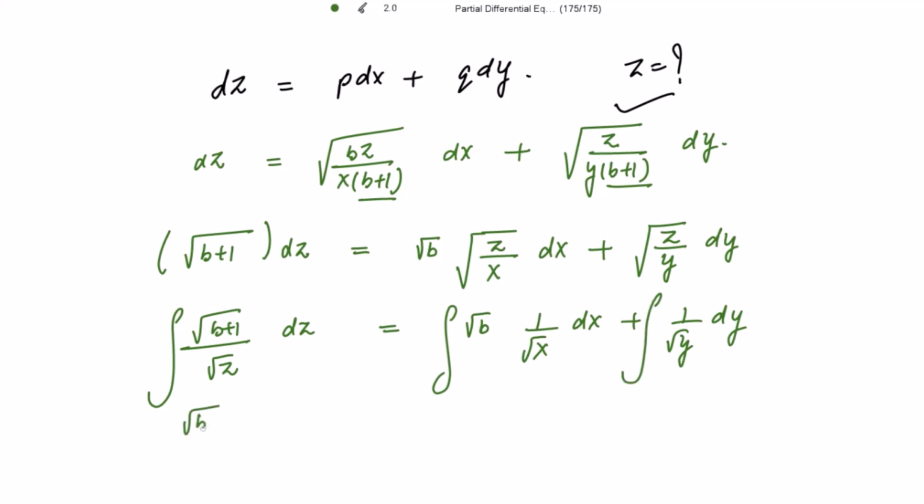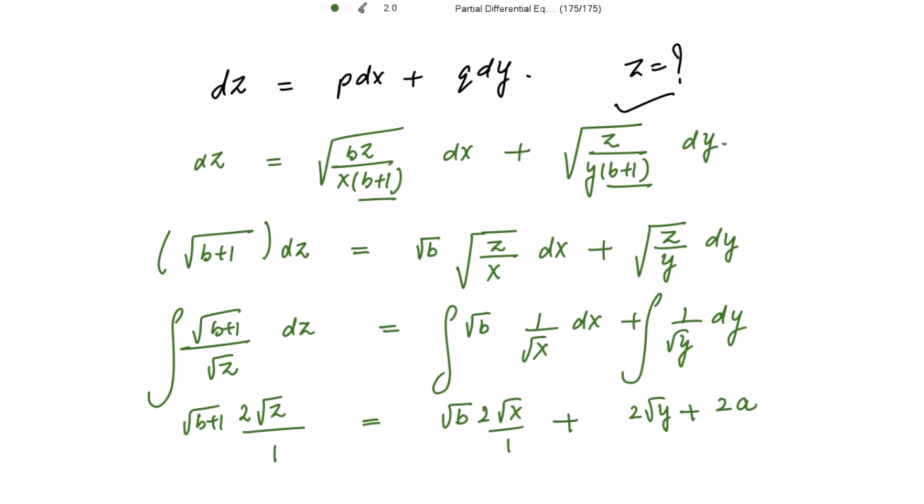Integrating this, because square root of b plus 1 is constant, integrating 1 divided by square root z, it is square root z divided by 1 by 2, equals square root b. Integrating 1 by root x, that will be root x divided by 1 by 2. Similarly, it is 2 root y plus the constant, let me take that to be 2a.